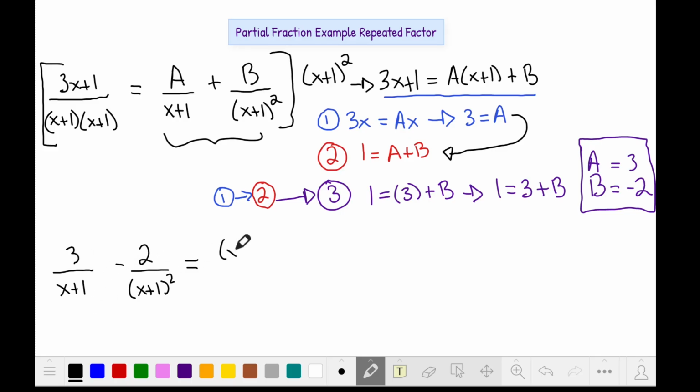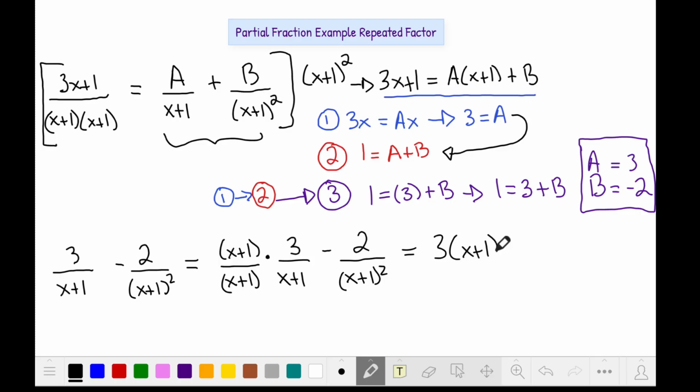So I'm going to have x plus 1 divided by x plus 1 times this factor right here, which is 3 over x plus 1, minus 2 over x plus 1 squared, which is going to equal, well, 3 times x plus 1 divided by x plus 1 times x plus 1, that's just x plus 1 squared.